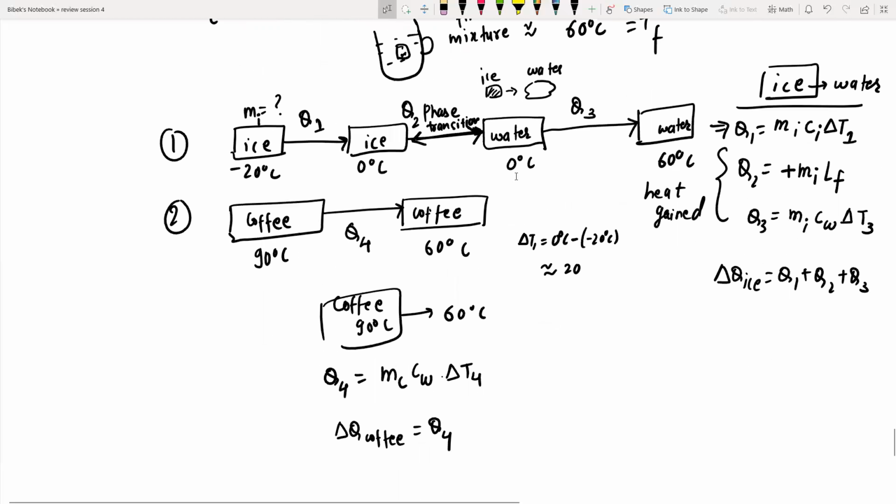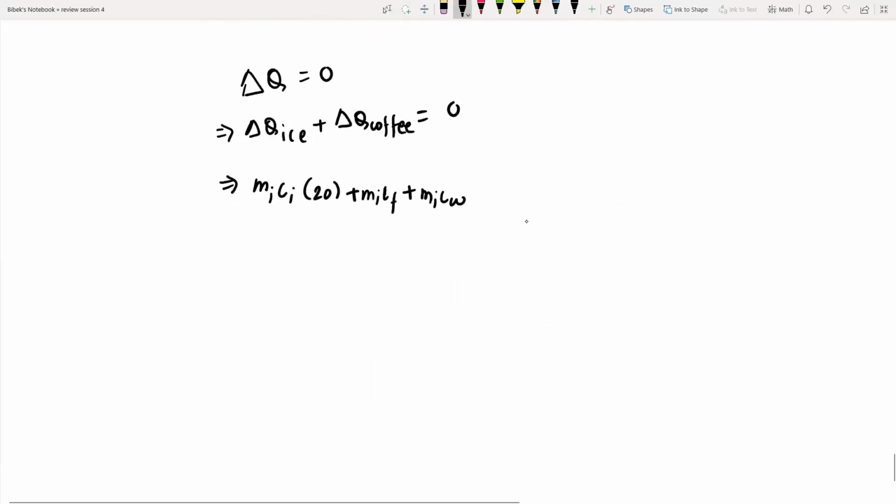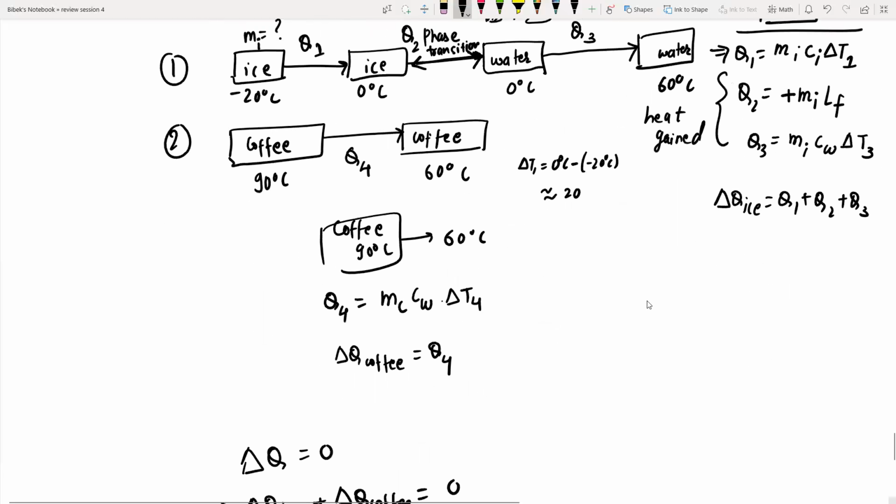It is 60 minus 0, so that will be 60. So this one is for the ice. T3 was 60 degrees, which is only 60 in Kelvin as well.